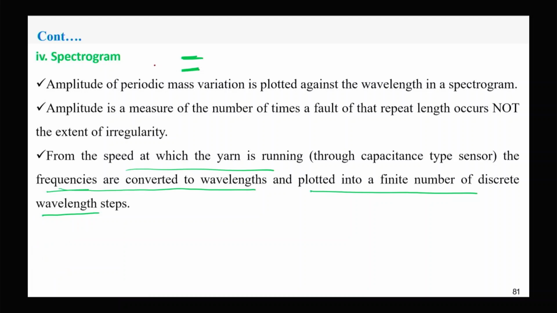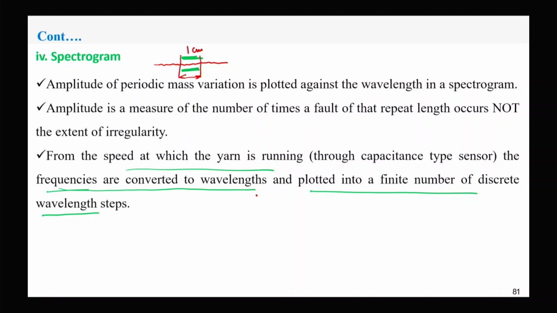The yarn is moving, red color. We know the length of the capacitor is 1 centimeter standard. Normally we keep 1 centimeter. And when the yarn is moving within this capacitance plate zone of 1 centimeter, it's sensing the mass.